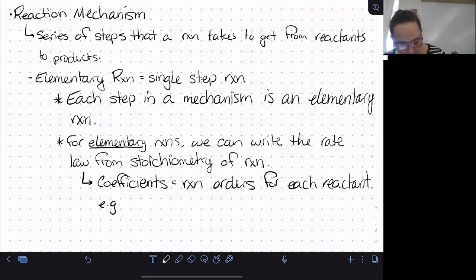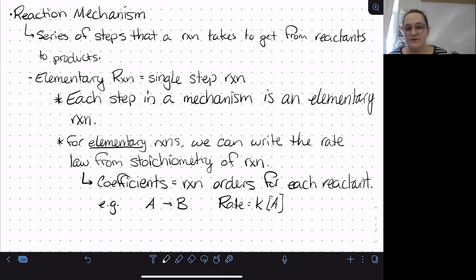So for example, if we have the reaction A reacts to form B, and we know that this is elementary, we can write the rate law for this as rate is equal to k times the concentration of A. Since the coefficient of A is 1, and this is an elementary reaction, we know that this reaction must be first order in A.